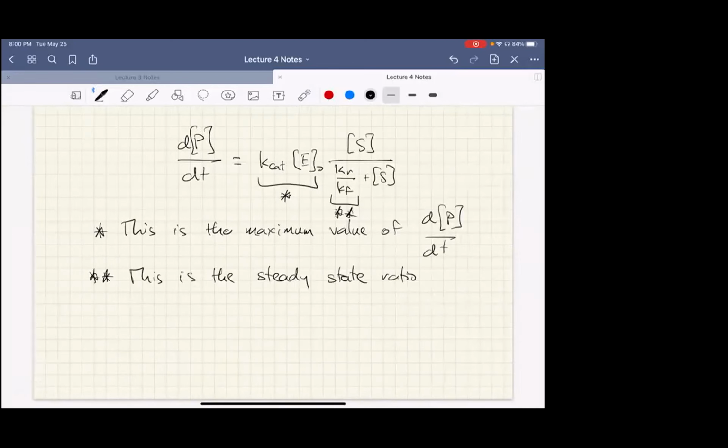This is the steady state ratio of forward to reverse. Excuse me, I should be a little more precise about that.